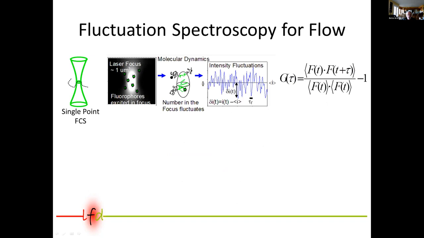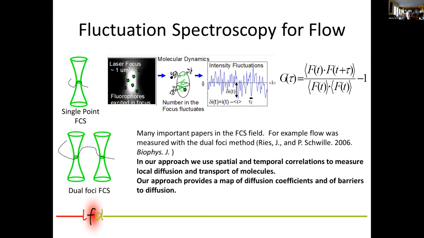The point is that if we measure an observation volume, which is drawn here, and molecules are moving in and out, we measure the fluctuation, and we have the correlation function with minus 1 because we are not using the fluctuation, but the fluorescence. That was done originally. This correlation function was written by many people working on light scattering and other things, but it is used normally in FCS.